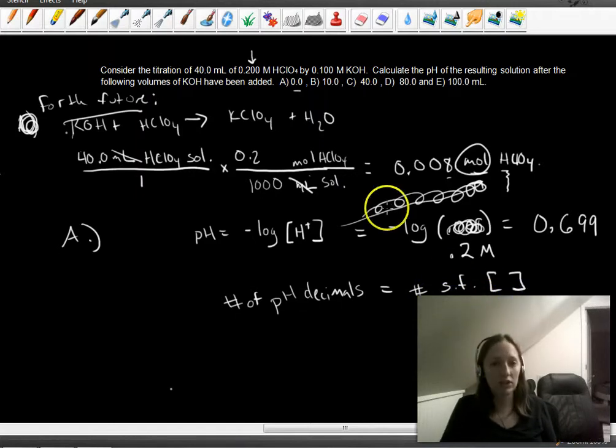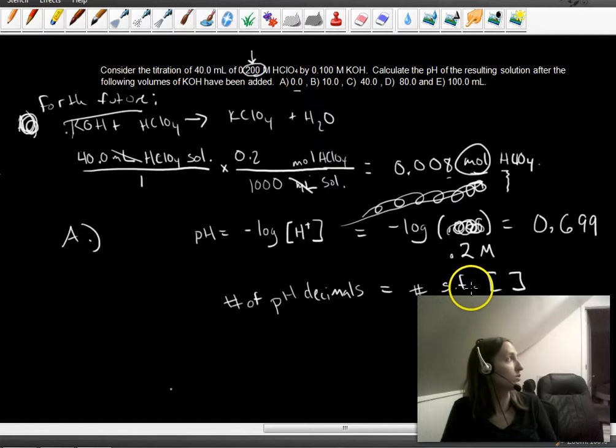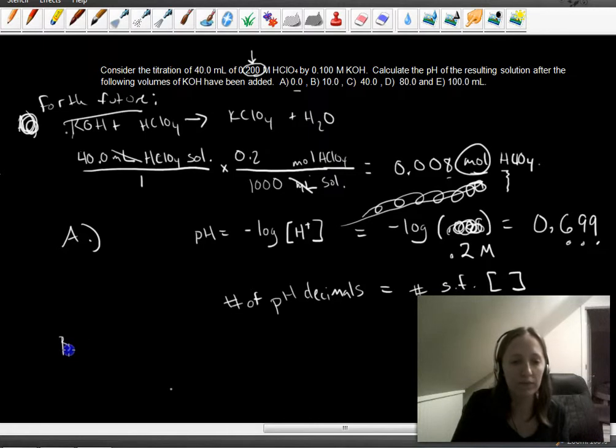Our concentration, when it is given to us, has 3 sig figs. That is the number of decimals that we should have in our pH. That is 1 decimal place, 2 decimal places, 3 decimal places. That's going to come up, and it's important because it's screwy. So pH decimals, concentration sig figs. I say that over and over in my head. You've got to have that. It's a thing.